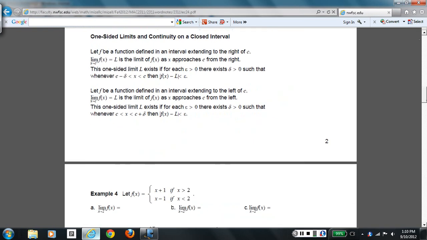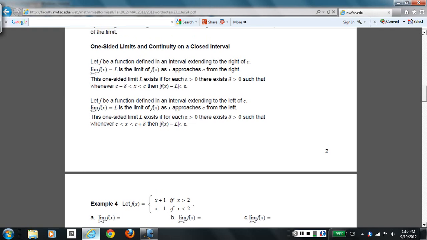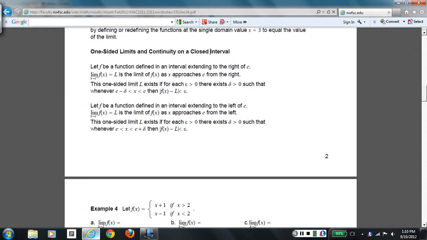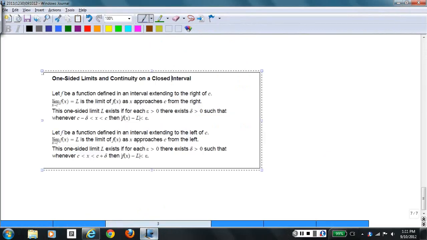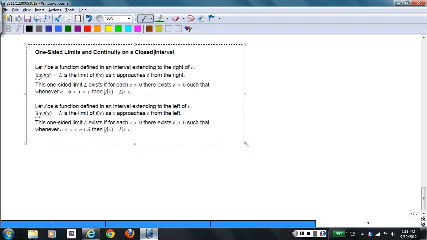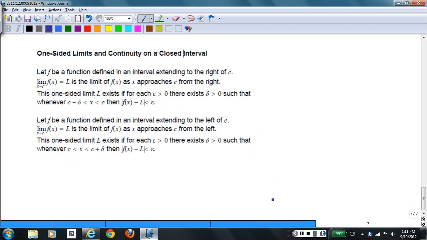All right. We're going to need to be talking about the idea of one-sided limits, because in many cases the limits will fail to exist, and we want to be able to describe precisely why they're failing to exist. A lot of times they'll fail to exist because as x approaches a number from one direction and as x approaches a number from another direction, the function values may approach different values.